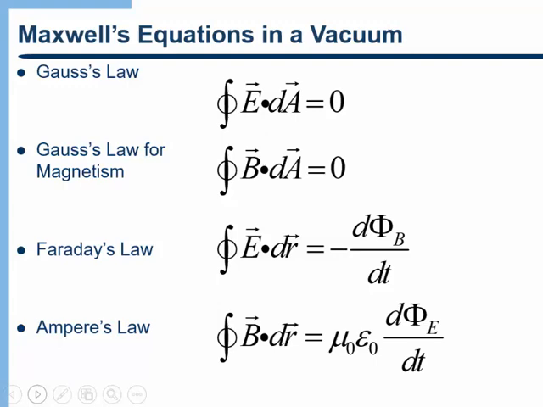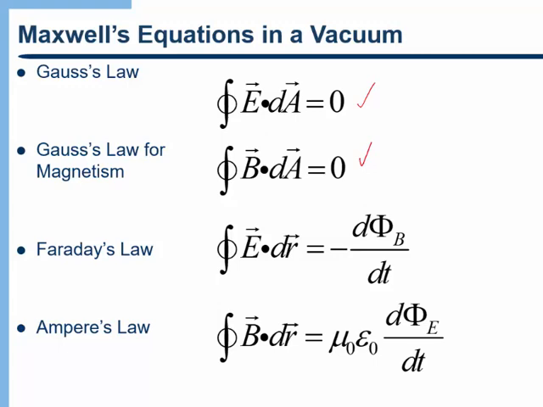Now, the next thing I want to do is look at the special case of what Maxwell's equations look like in a vacuum. In other words, if we're in the vacuum of space and there are no charges around, so there are no moving charges either, you'll notice that both Gauss's law and Gauss's law for magnetism are just equal to zero, saying that there are no charges of either type around.